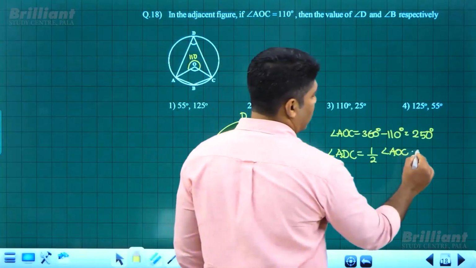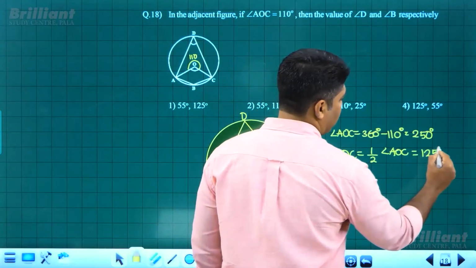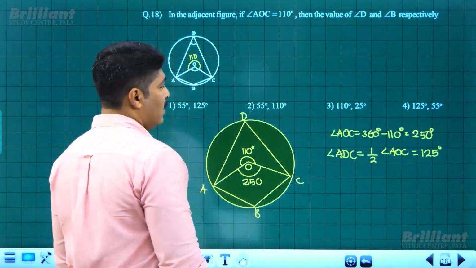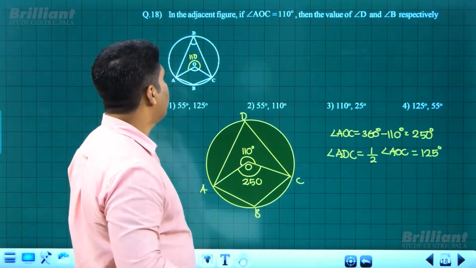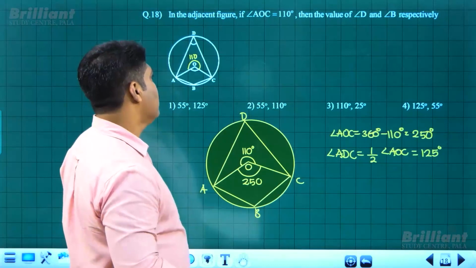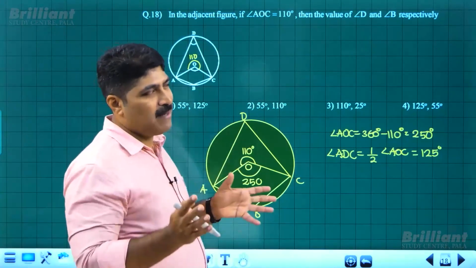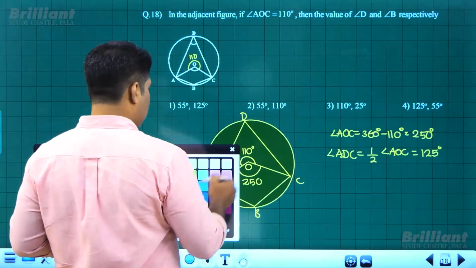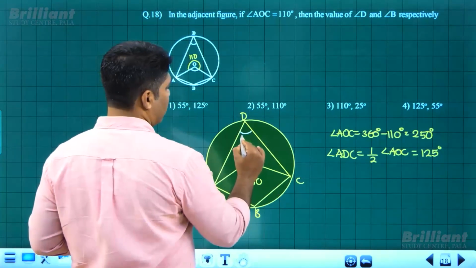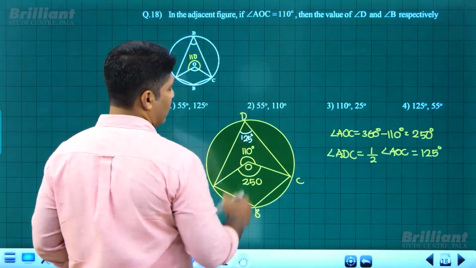Therefore, this is equal to 125 degree. If you are doing the operations like this, that is 125 degree. But this diagram is not drawn to scale. Therefore, here we can consider this angle D is equal to 125 degree.